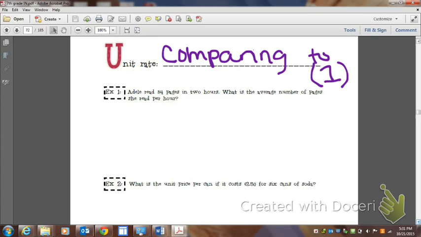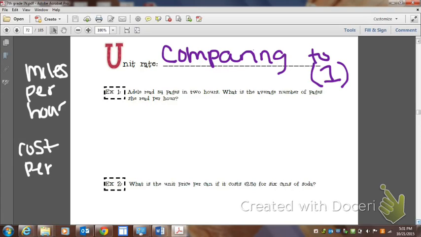Okay. Common unit rates are miles per hour, another one is price per pound, so cost per pound or cost per ounce.